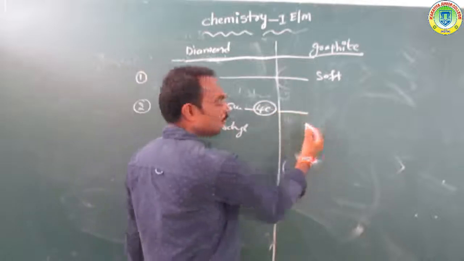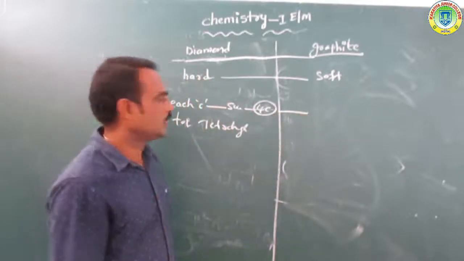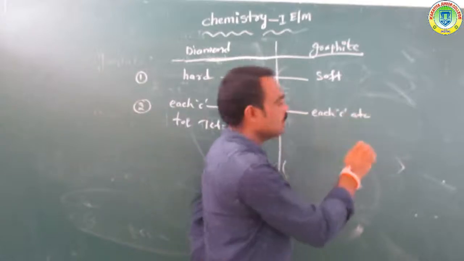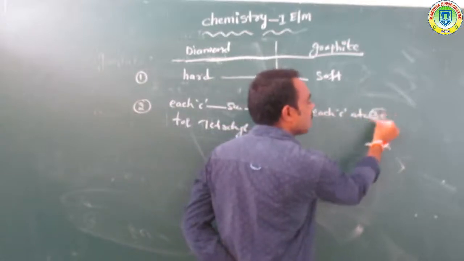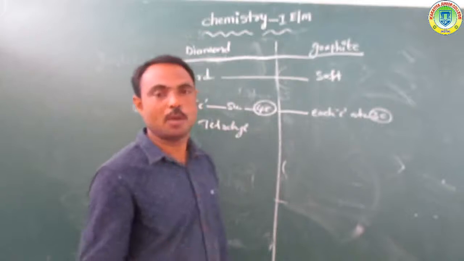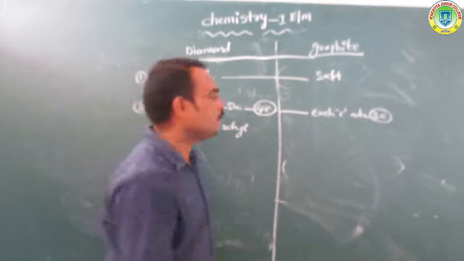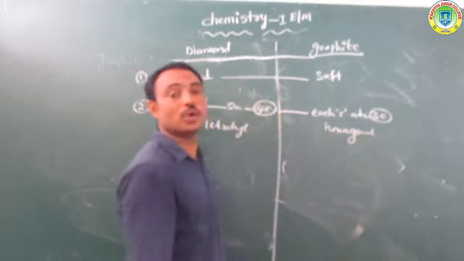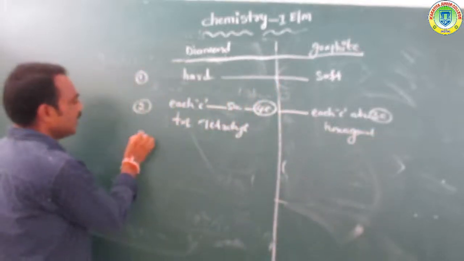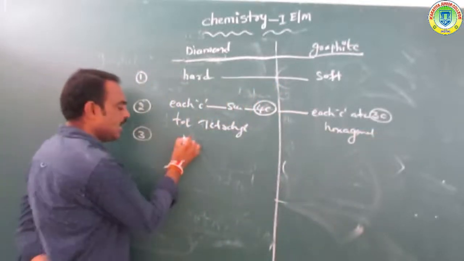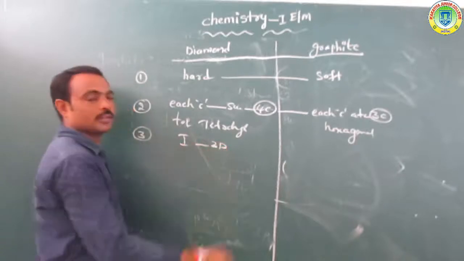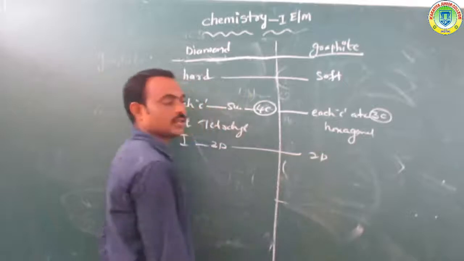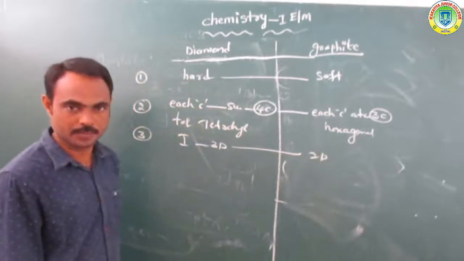Next, in graphite, each carbon atom is attached with the surrounding 3 carbon atoms with single or sigma bonds to form a hexagonal structure. Third, diamond has a 3D, three-dimensional structure. Graphite has a 2D, two-dimensional structure.